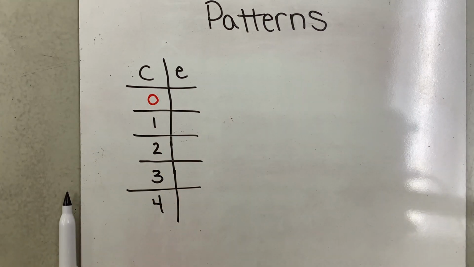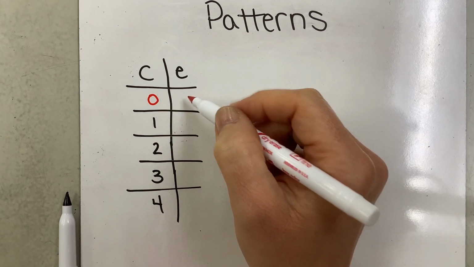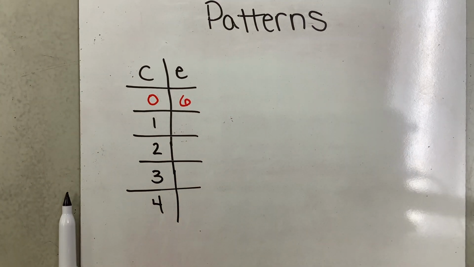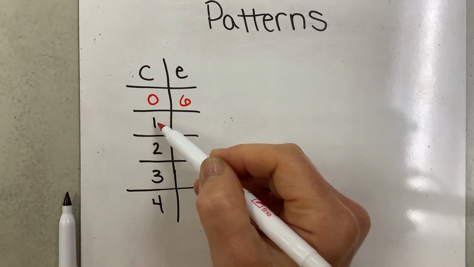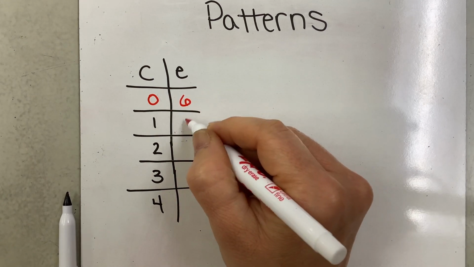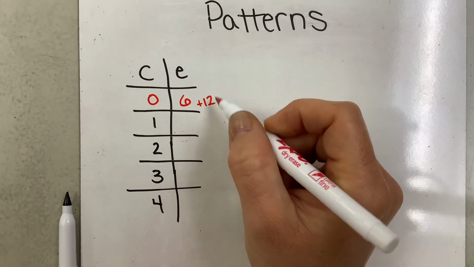When we have 0 cartons, how many eggs did it say we had left? Well, we had 6 eggs left before we even started. Now, when I have 1 carton, how many eggs are in a carton? A dozen. That means I have 6 plus I'm going to add 12 to that.